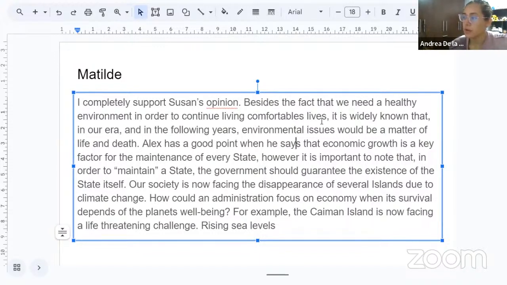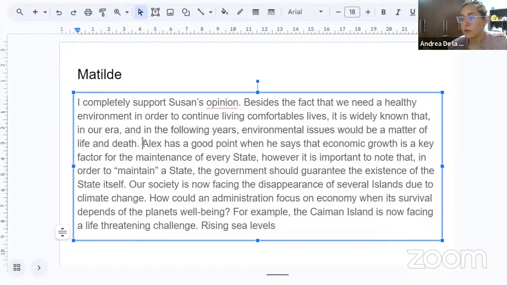Okay, good. So it's a good reason to add. It's different than what Susan said, because Susan, the only thing that she said was that we only have one Earth. So it's something different.